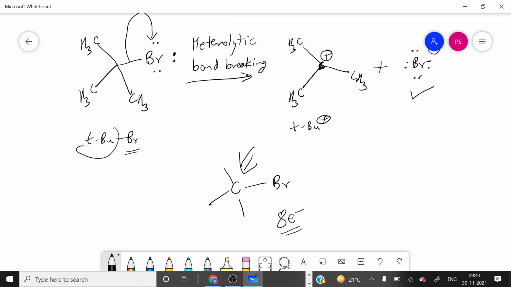But here in this case only 3 bonds are there, meaning only 6 electrons are there. Out of these 6 electrons, 3 electrons are shared by carbon. And the fourth electron of carbon is absent for sharing, and as the fourth electron is absent, it is devoid of one electron, and that's why one plus charge is there.